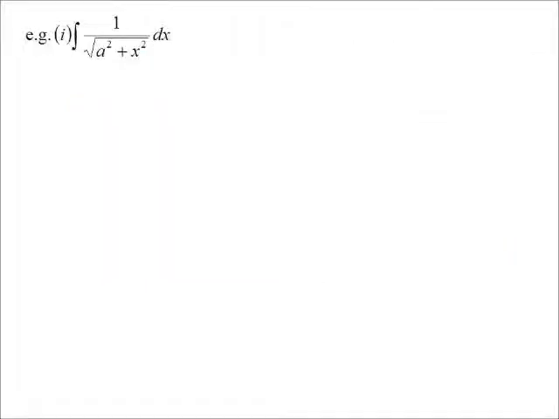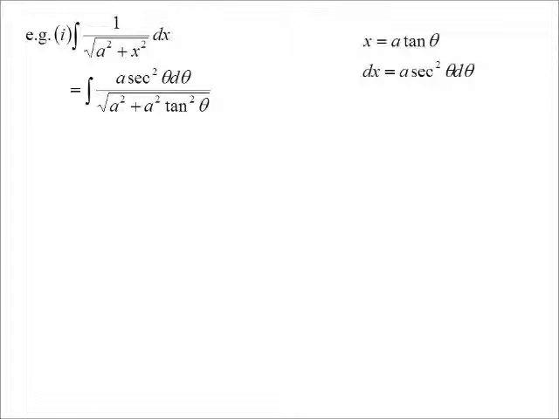So, well, this is a standard one, but let's use it as an example to prove where that standard integral comes from. 1 on the square root of a squared plus x squared, so I'll use the substitution a tan theta. So dx becomes a sec squared theta d theta.